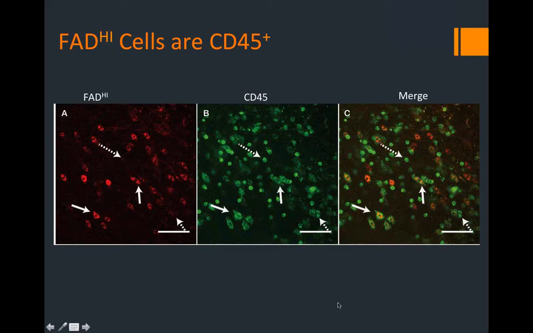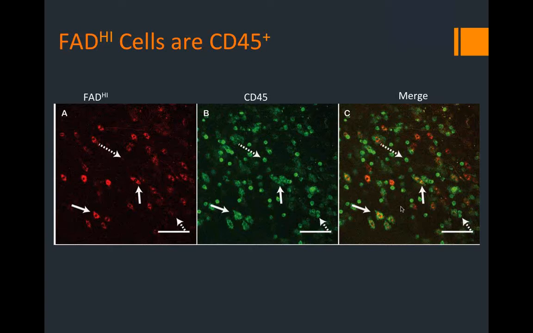But we also saw cells that were not related to these FAD high cells at all. For instance, this cell is not bright in FAD at all, yet is clearly labeled by CD45. And so this suggests that the bright FAD cells are immunogenic, but there's a specific subset of cells inside of the tumor that are FAD high cells.